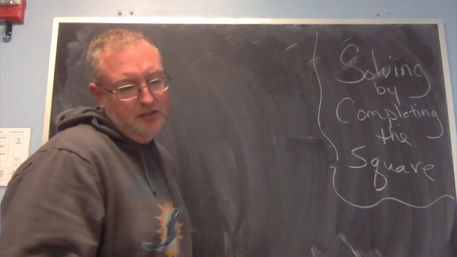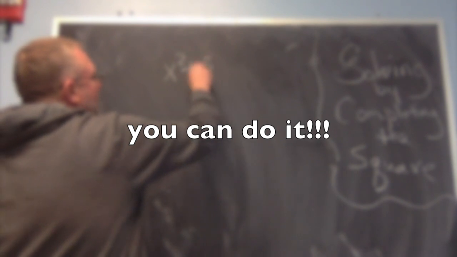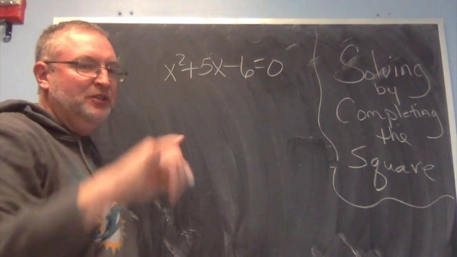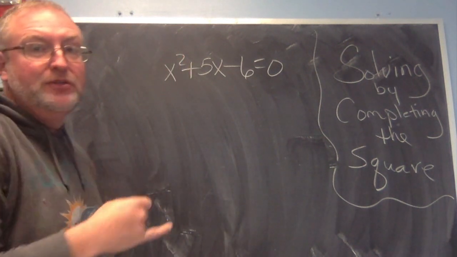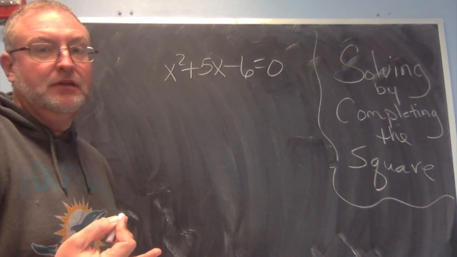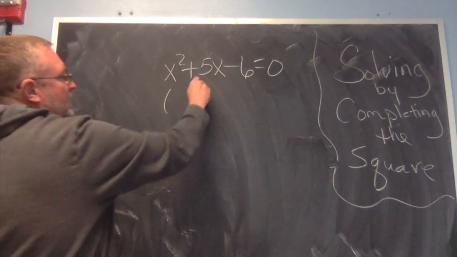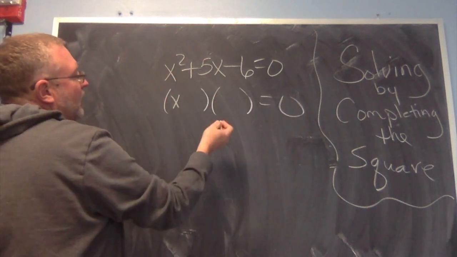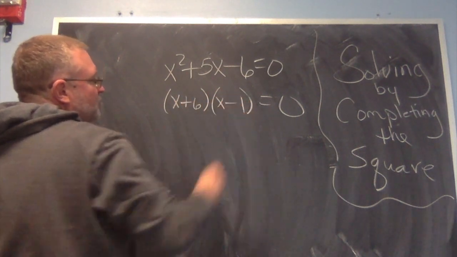The next one says x squared plus 5x minus 6 equals 0. Now, I want to show you something here. You can just work this one out like we were using the 0 property. Remember the 0 property? Because this one actually factors out, which would be x plus 6 and x minus 1.